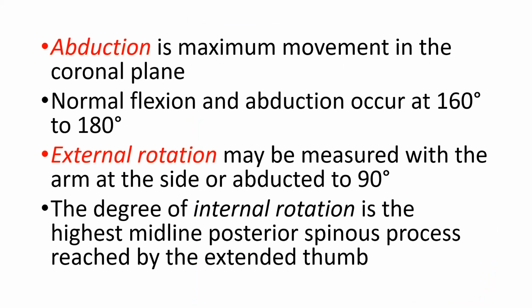External rotation may be measured with the arm at the side or abducted to 90 degrees. The degree of internal rotation is the highest midline posterior spinous process reached by the extended thumb.